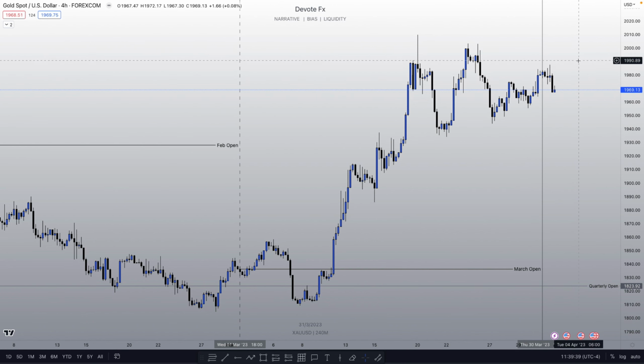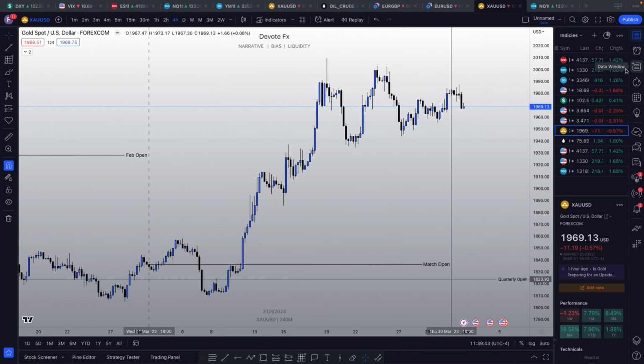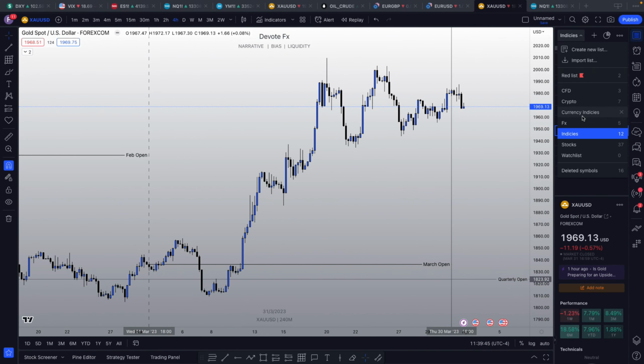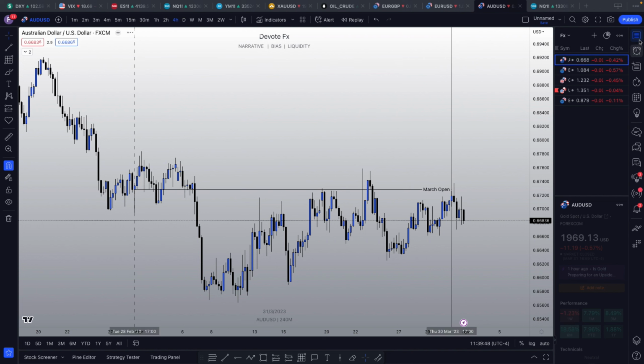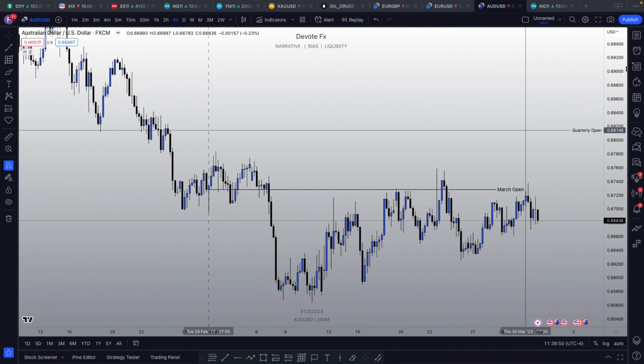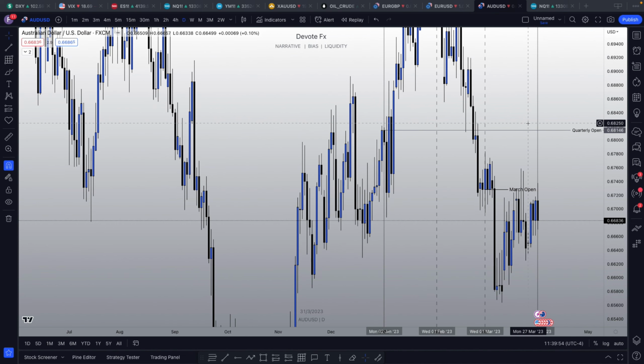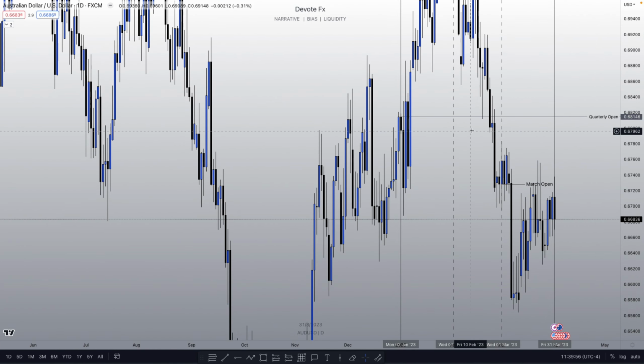That wraps up indexes. Let's move on over to currencies. AU.